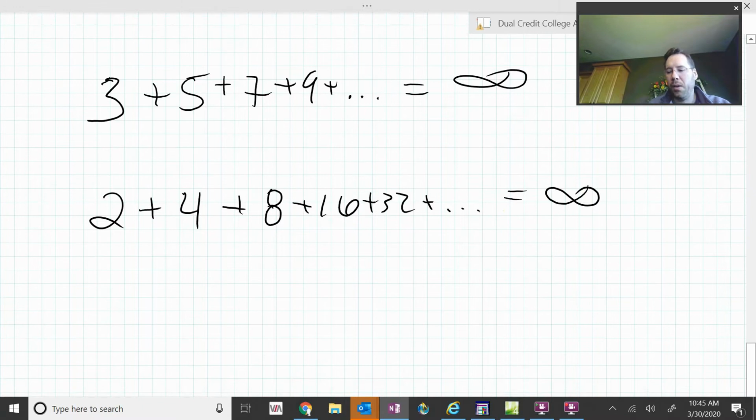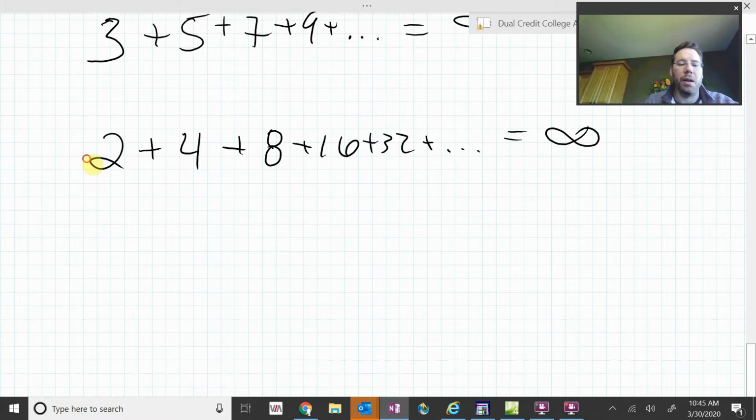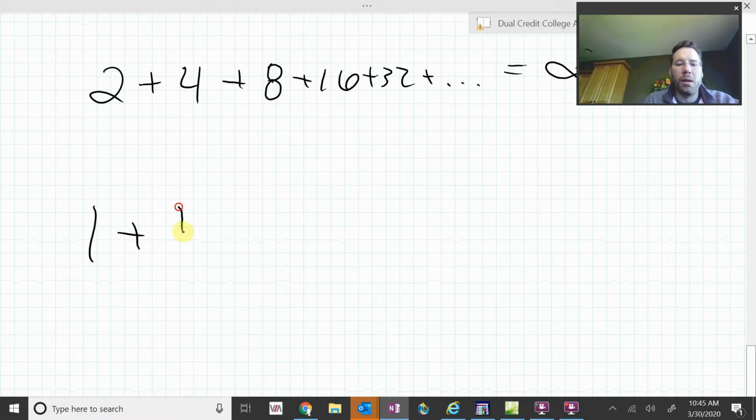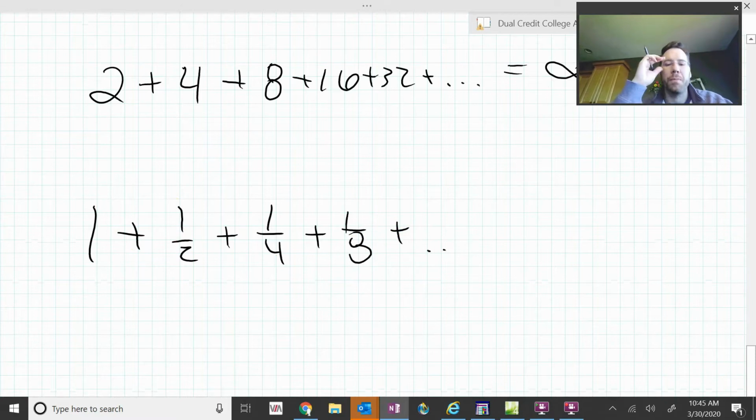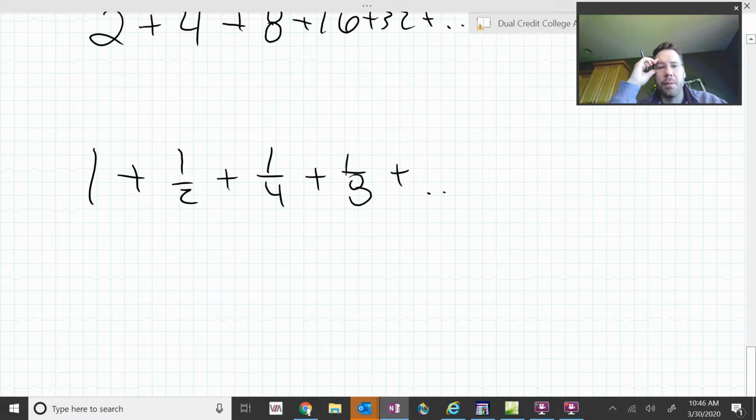So the one here that I want to look at is the one that I'd first written down up here above. This 1 plus a half plus a quarter plus an eighth plus ... What would that equal forever and ever until the end of time?